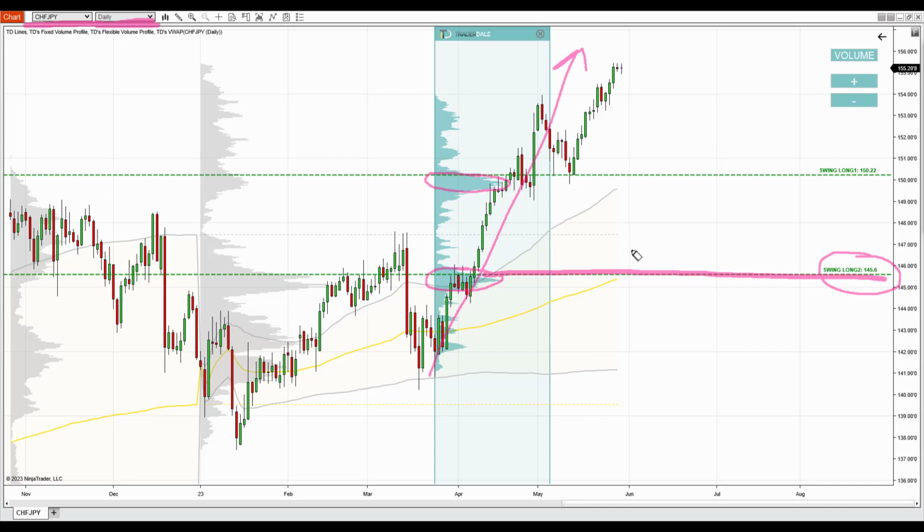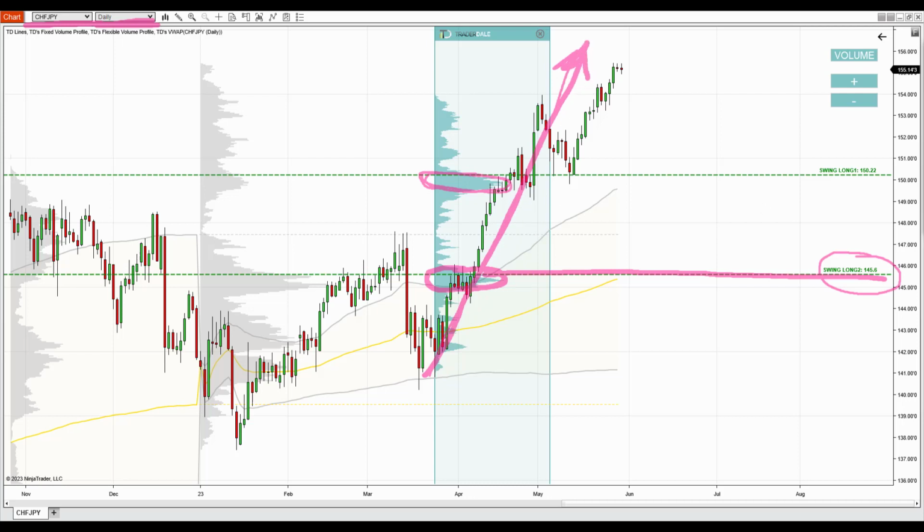Those volume zones are telling me where strong institutional traders were active, and within this uptrend, those strong institutional buyers were adding to their long positions in here and in here. By which I mean they were adding huge amounts of longs to their trading positions. And why I'm saying that those are longs is because there's an uptrend.